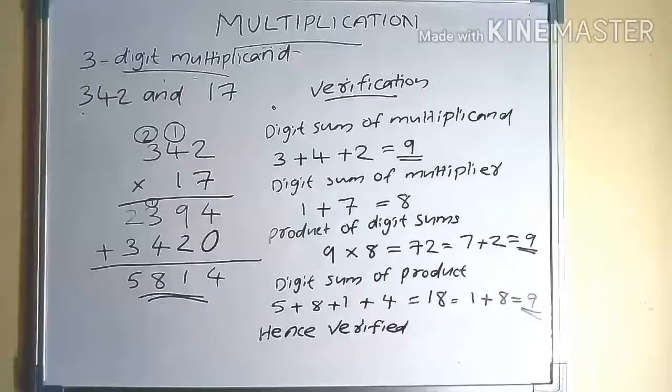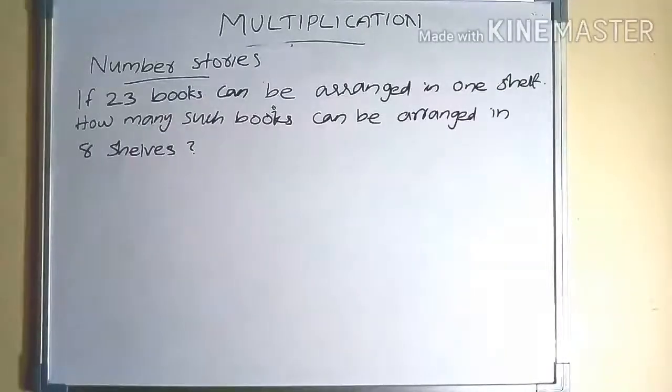Okay. Next topic is number stories. It's an interesting topic and it's an easy topic. All of you read the question carefully. If 23 books can be arranged in one shelf, how many such books can be arranged in 8 shelves? 23 books can be arranged in one shelf.